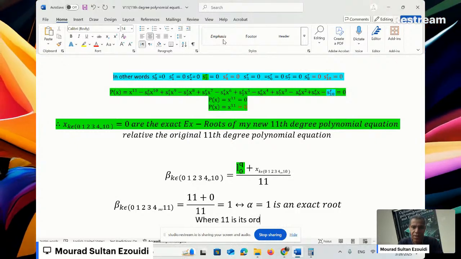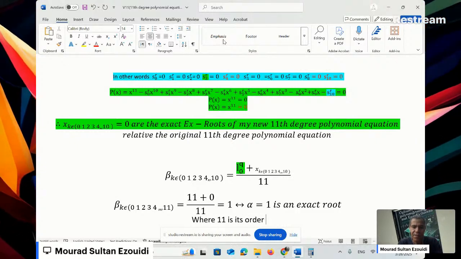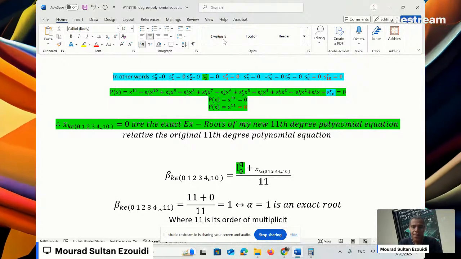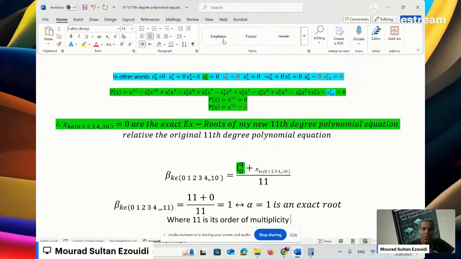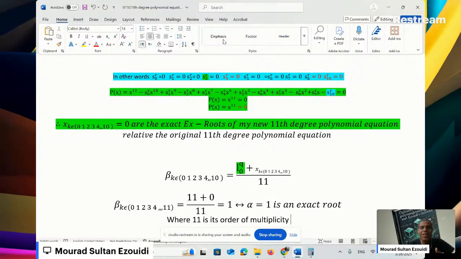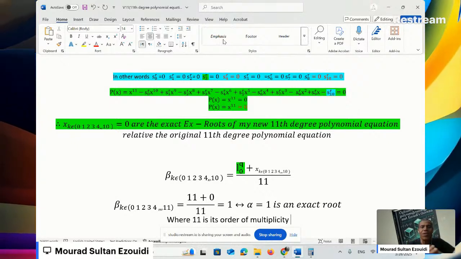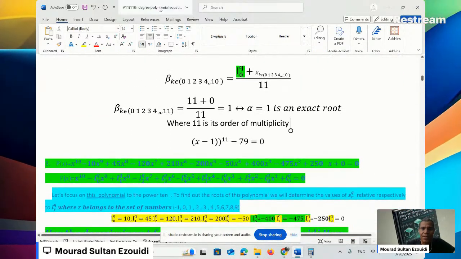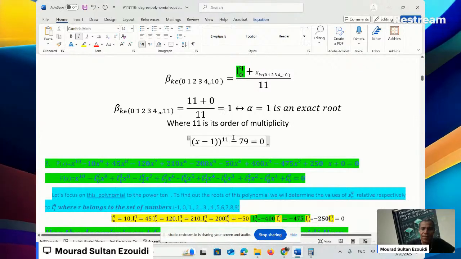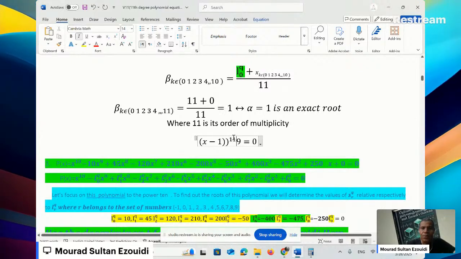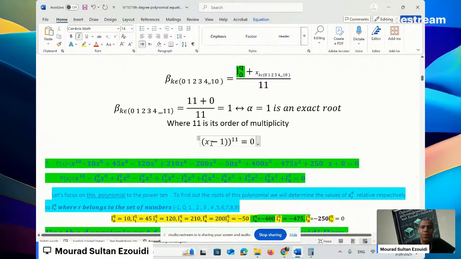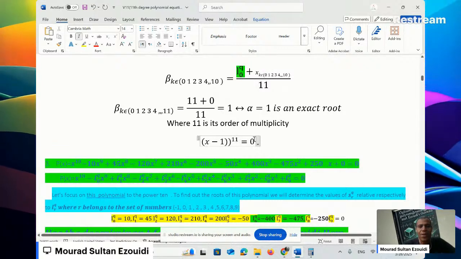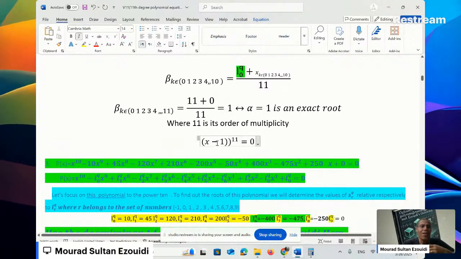It means that our original polynomial equation, in fact, is written as x minus 1 all raised to the power 11. So the roots are the exact roots.